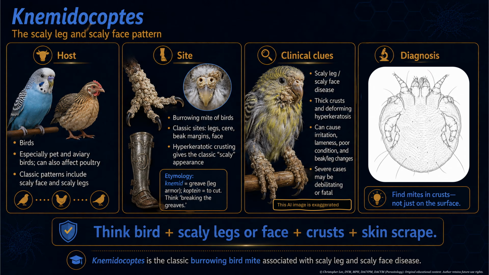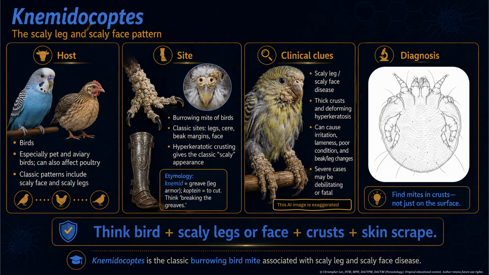Knemidocoptes is one of the better etymology gifts in this lecture. The root knemid refers to a greave, the piece of armor that protects the leg, and koptein means to cut. So the genus name means cutting or breaking the greaves. Since bird legs often resemble greaves, and the mite often inhabits this location, the genus name is perfect.